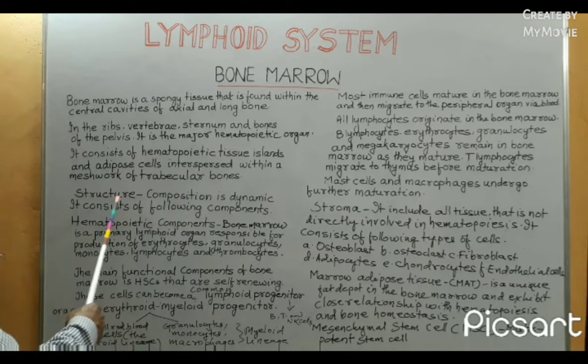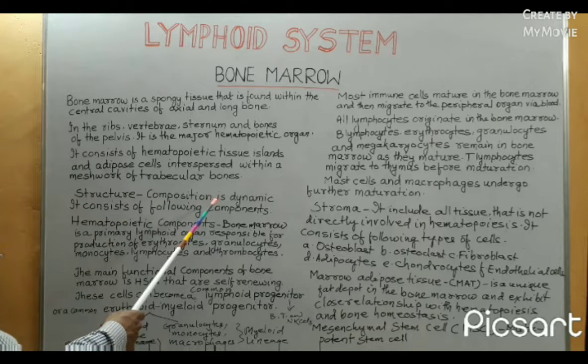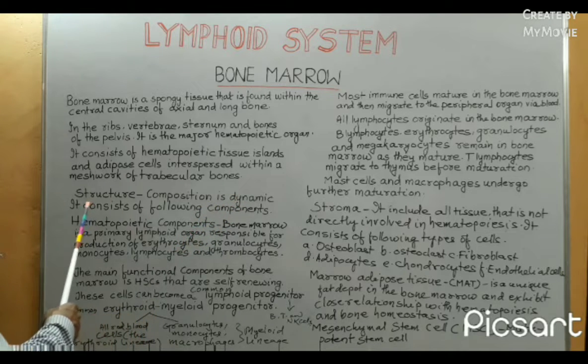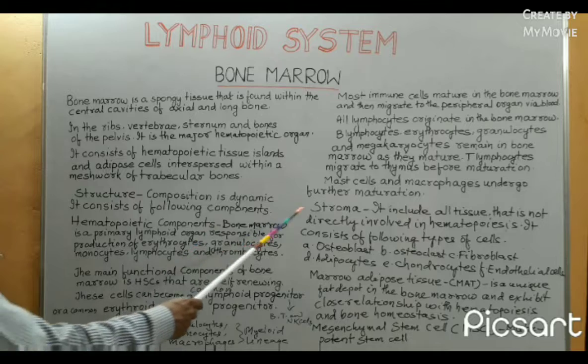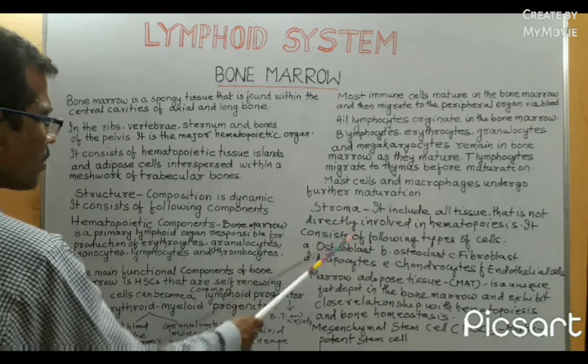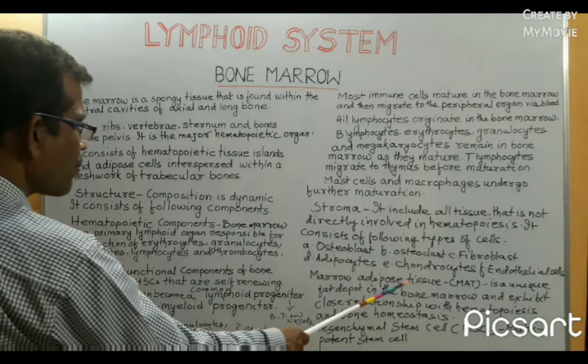Then, structure of bone marrow. The composition of bone marrow is dynamic. It means the composition of bone marrow changes. And the components of bone marrow, one is hematopoietic components, second is stroma, third is marrow adipose tissue.